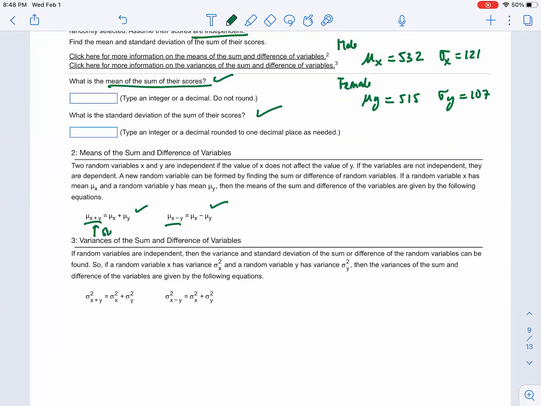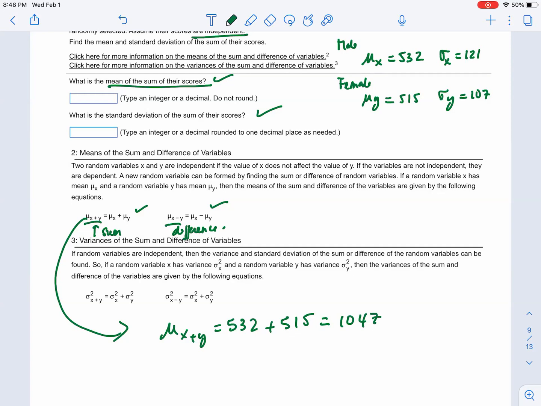This is sum. If they said difference, I'd be using this one here. So for the first question, mu of X plus Y, I just take each mu and add them up. There's no magic to this. When I do that, I get 1,047.